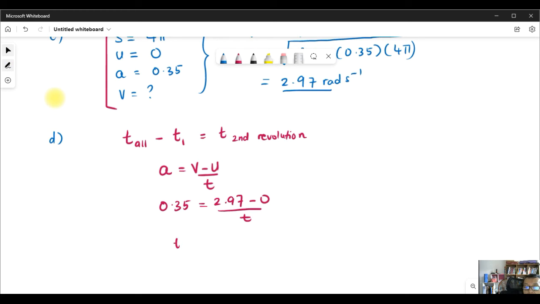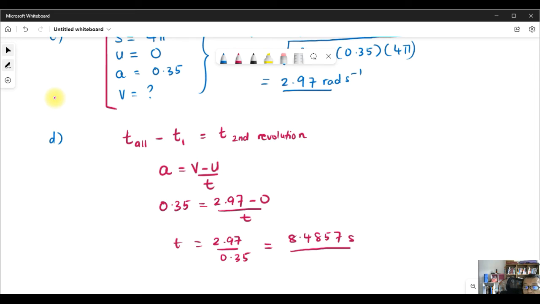Therefore, our time is equal to 2.97 divided by 0.35. That will give you an answer of 8.4857 seconds, but this is for 2 revolutions.